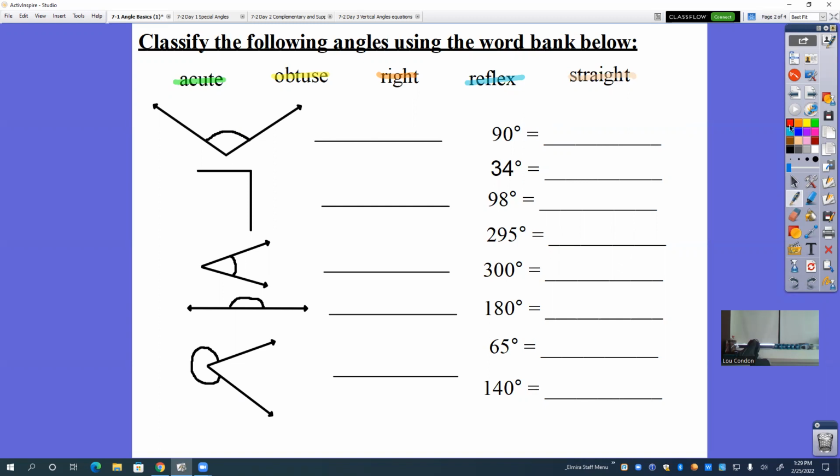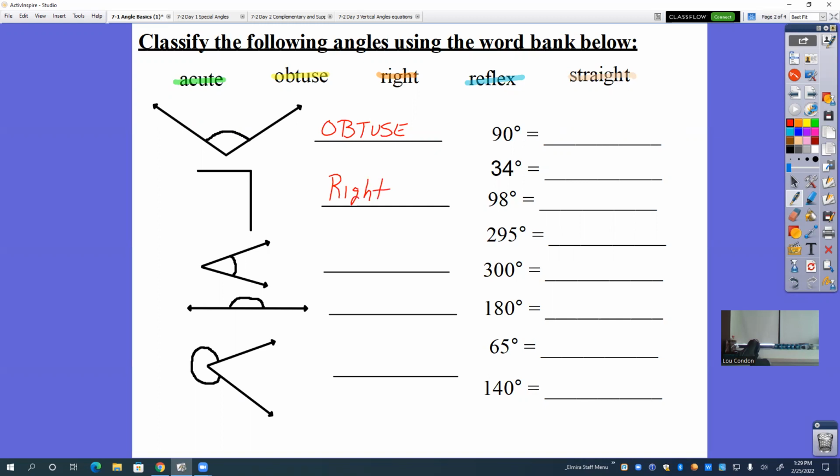Now looking at these 5 pictures, this first angle, as you can see, is wider than 90 degrees, so therefore it is obtuse. Number 2 comes to an exact perfect corner, so it makes a 90-degree angle.